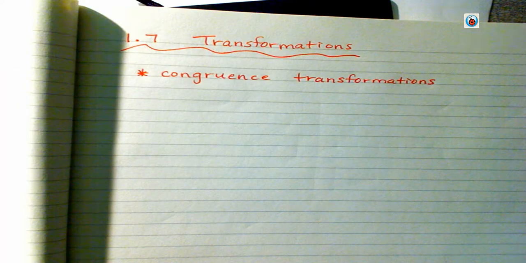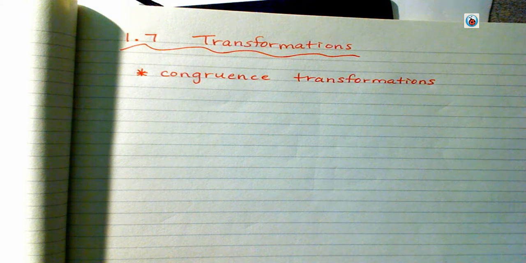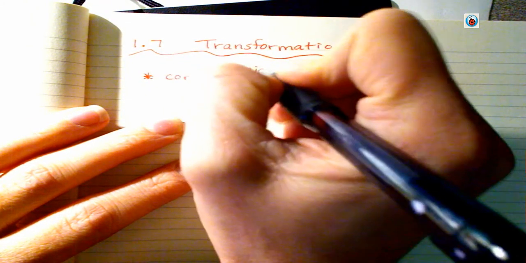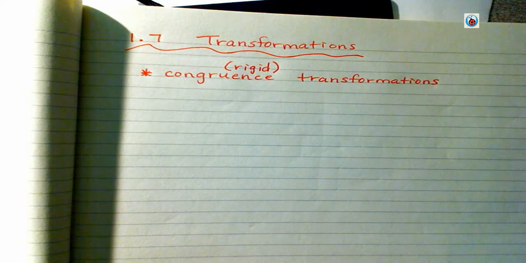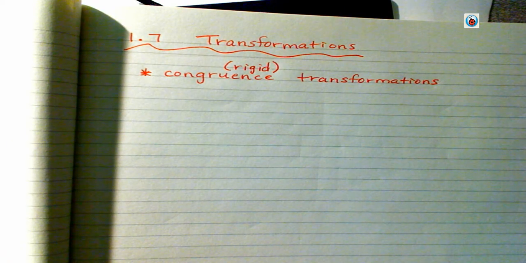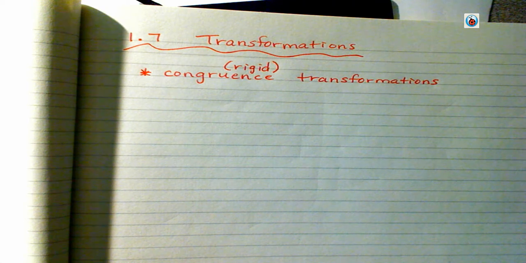Another word for congruence transformations that you might see is rigid transformations. So I'm going to add the word rigid. We're going to be looking at different polygons on a graph, and we're going to do a transformation to change that polygon and place it in a new location.